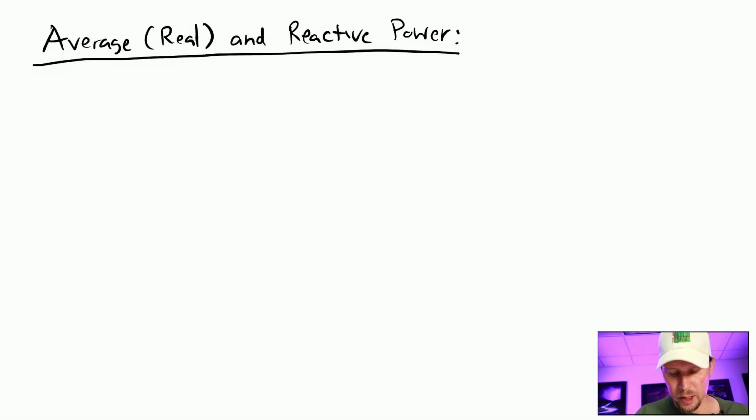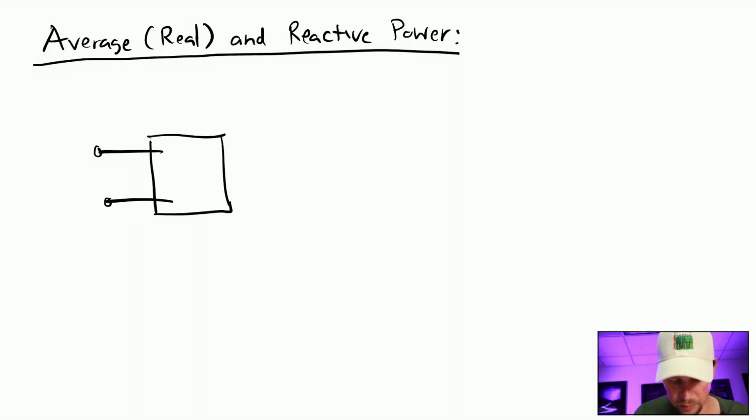Now, in the last section, if you'll recall, we had a network here with two terminals. We had placed a sinusoidal voltage across the terminals, and there was a sinusoidal current that was drawn.